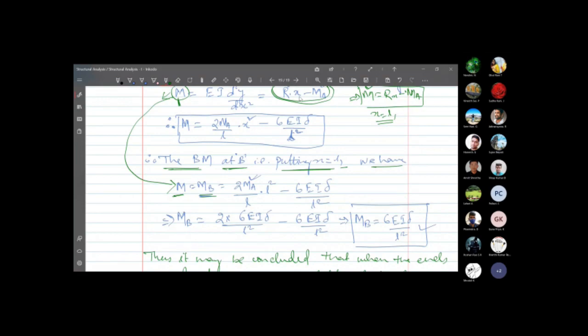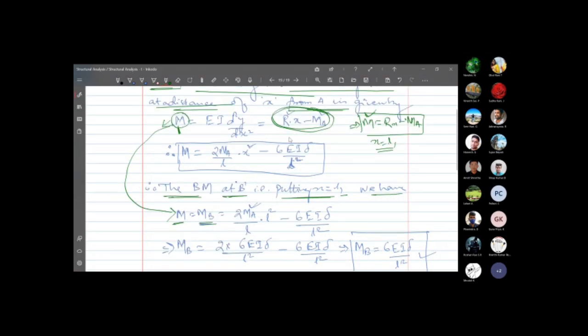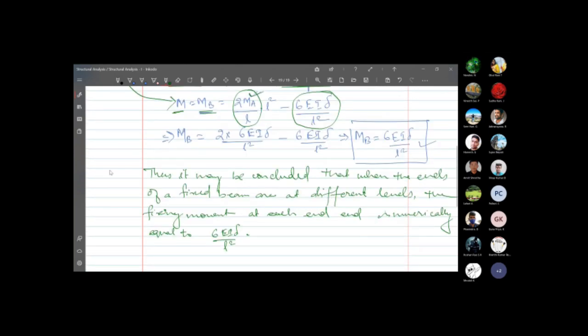Instead of R, I have put 2MA by L because I have got the value of R as this. And this MA value is minus 6EI delta by L square. So from this I get the MB value, same, minus 6EI delta by L square.